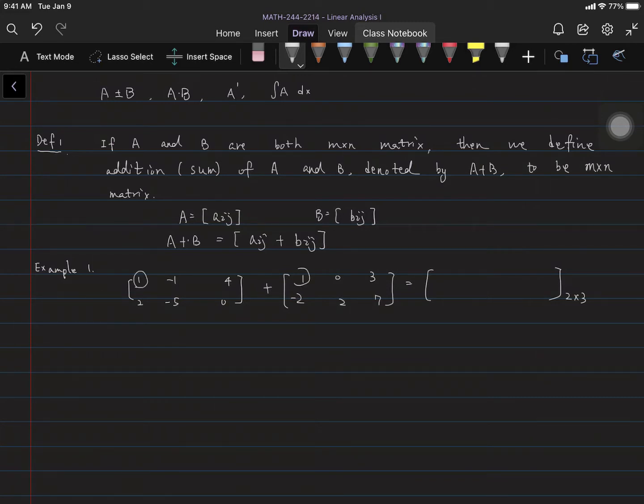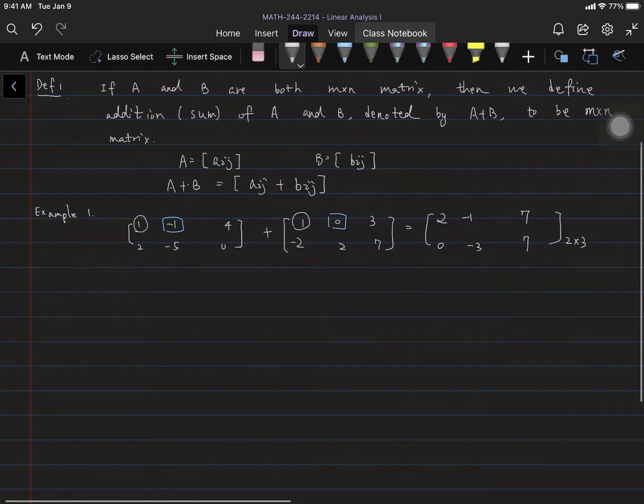So 1 add 1 gives us 2. And next, negative 1 add 0 gives us negative 1. Just add corresponding position elements. Next, 4 add 3 is 7, and 2 add negative 2 is 0. Negative 5 add 2 should be negative 3, and 0 plus 7 is 7.